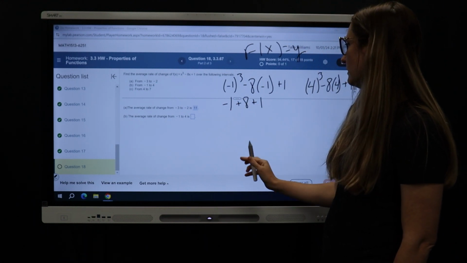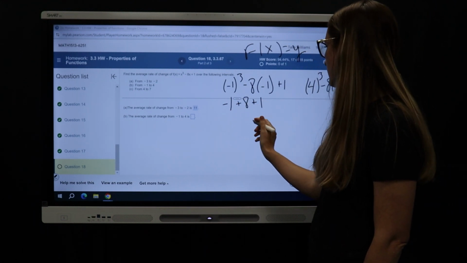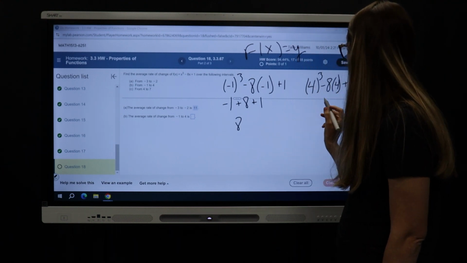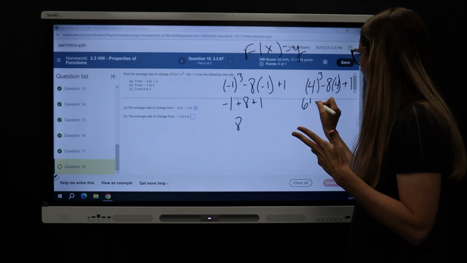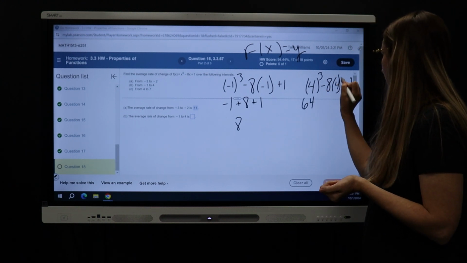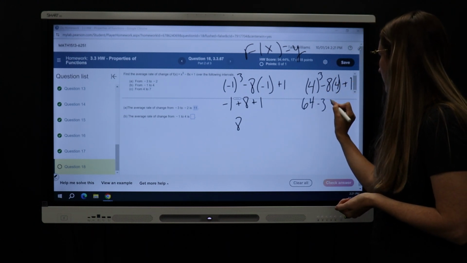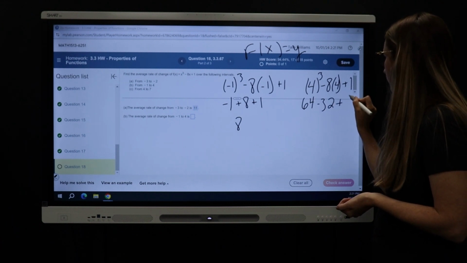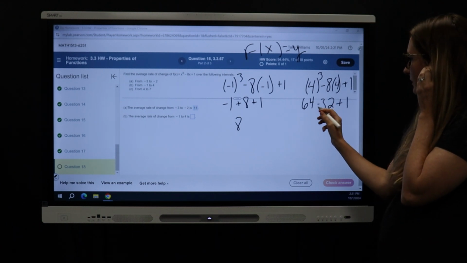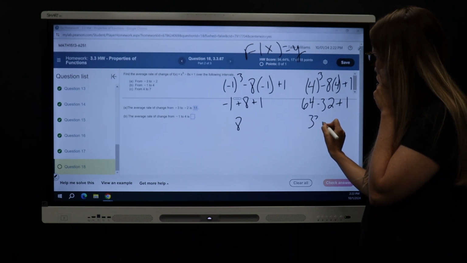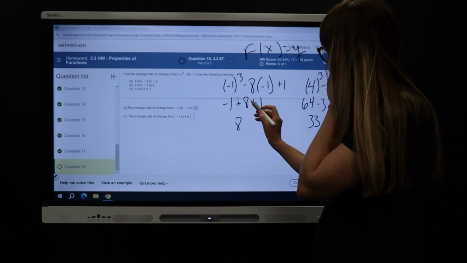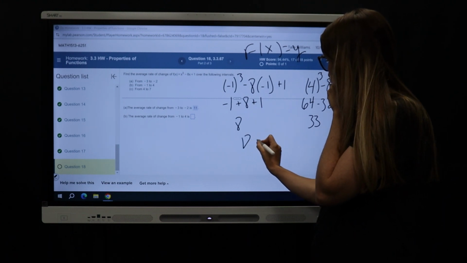Negative 1 plus 8 would be 7, plus 1 is 8. Easy peasy. 4 times 4 is 16, times 4 is 64. Negative 8 times 4 is negative 32. Add 1. 64 subtract 32 is 32, plus 1 is 33. Okay, so I have 8.